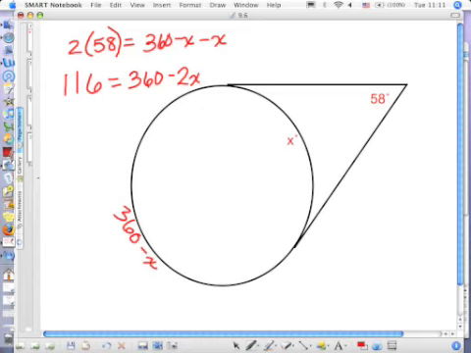If I put my 2x over here to make it plus, and subtract 116 from 360, that's 244. So x has a value of 122.